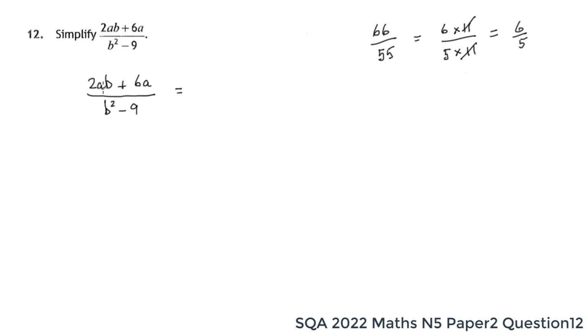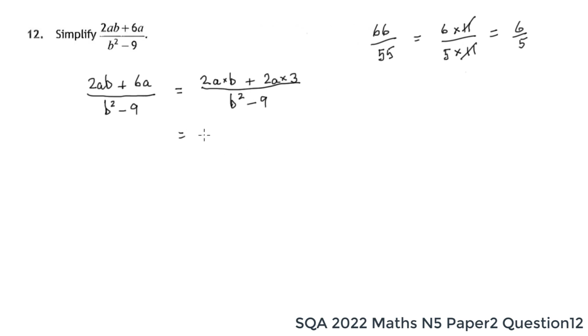Also there's a factor of a, and a factor of a. It looks like 2a is a factor in both of these expressions. We've got 2a times b, and then we can write 6a as 2a times 3. 3 lots of 2a is 6a. So there is a common factor of 2a in both of these expressions.